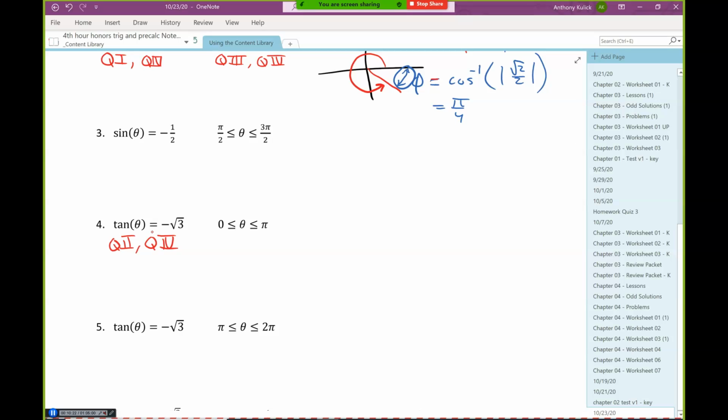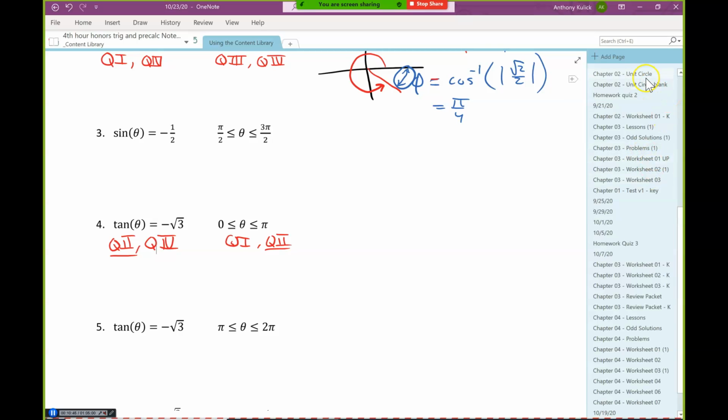So since that interval is between 0 and 2 pi, we could, as Jessica suggested, just go to the unit circle, locate quadrant 2, and find the place where tangent is negative root 3. So I know tangent is y over x.